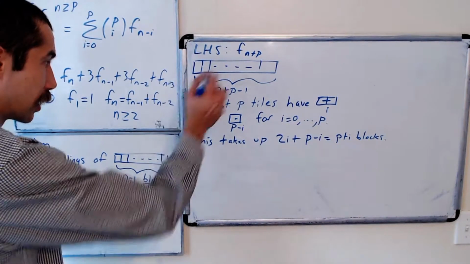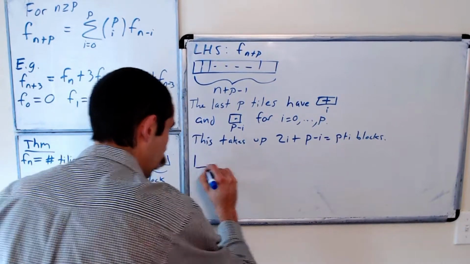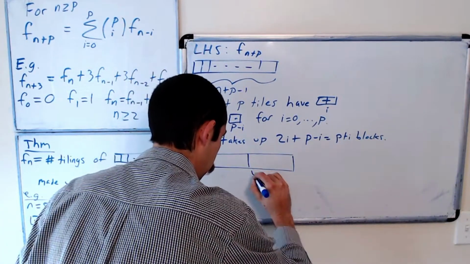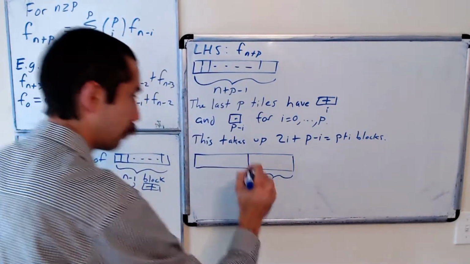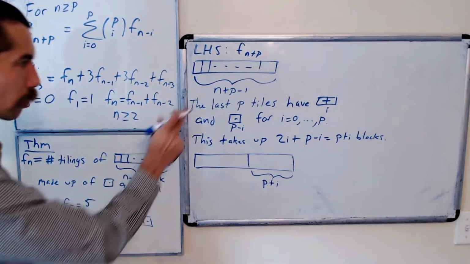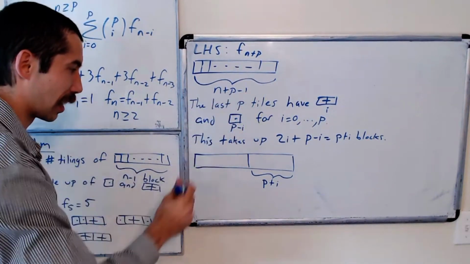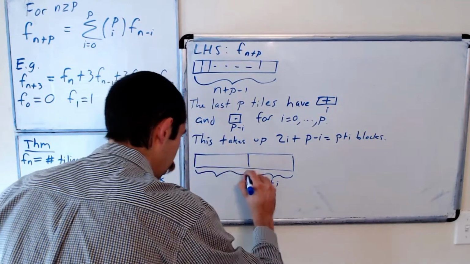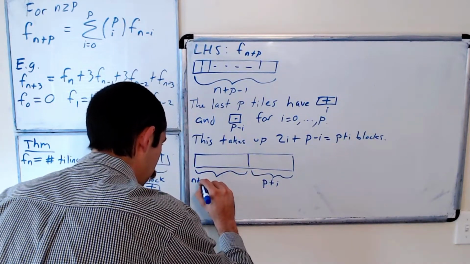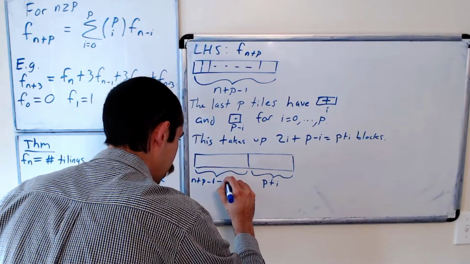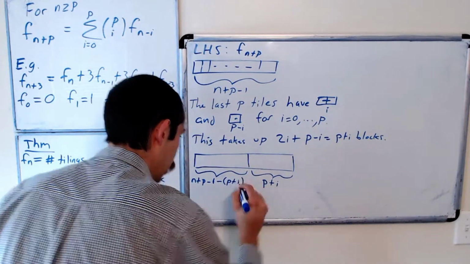And so our tilings here, here's the final p plus i blocks. The total was n plus p minus 1. So these blocks over here make up n plus p minus 1 minus p plus i.